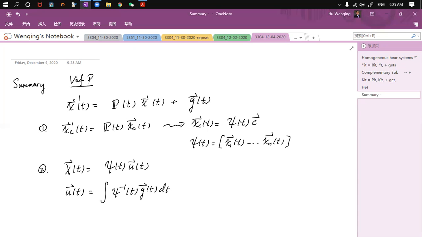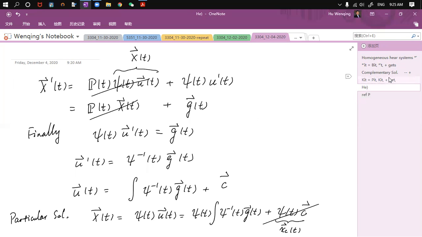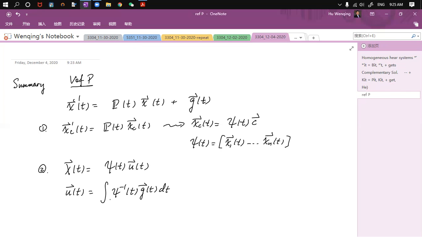Is that good for everybody? So that means you have to calculate the inverse matrix of this fundamental matrix, and then multiply it by the right-hand side. So this is a matrix multiplied by a vector, integrated.